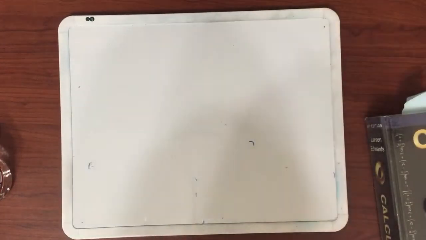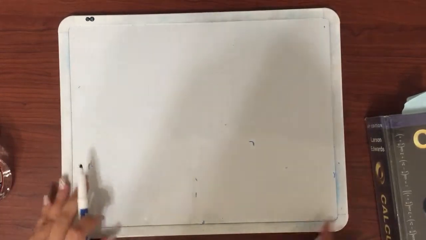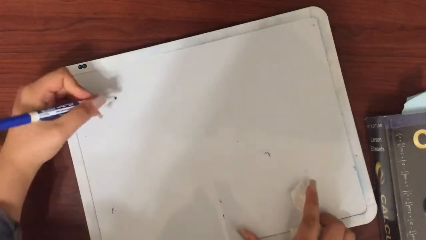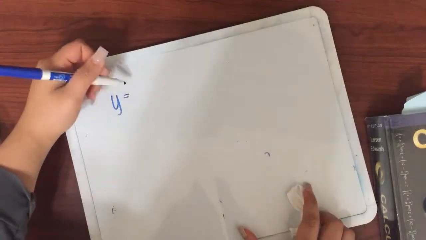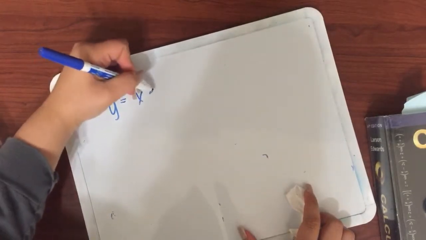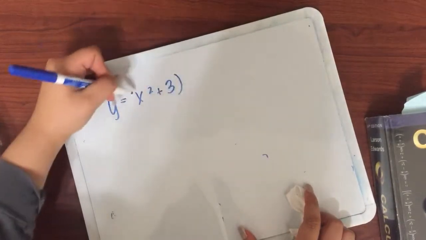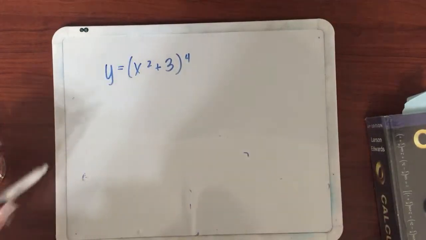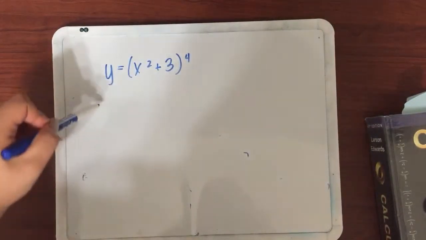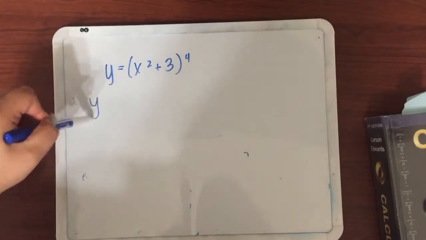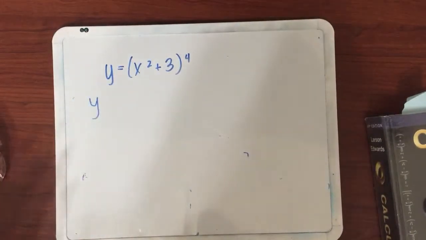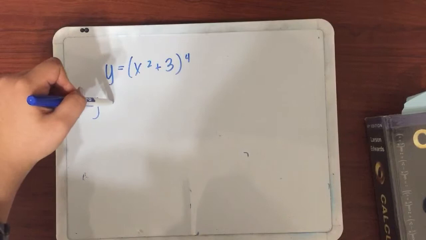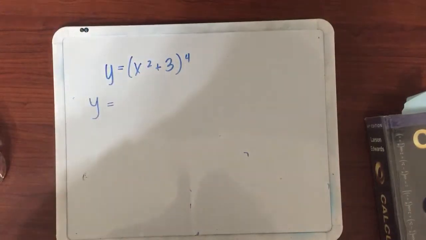So let's start off with an easy one. Let's do y equals x squared plus 3 to the 4th power. All right. So what we do first is we're going to use the chain rule, and we're going to take the outside.